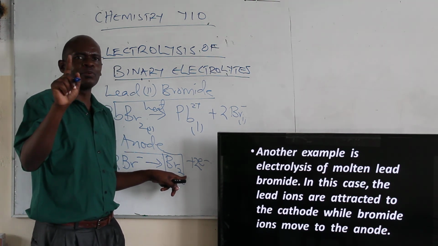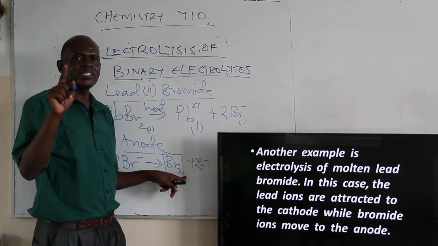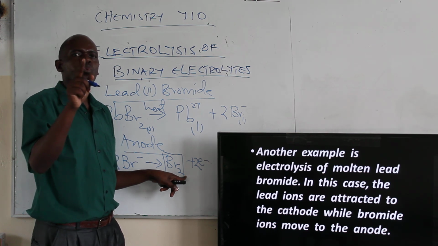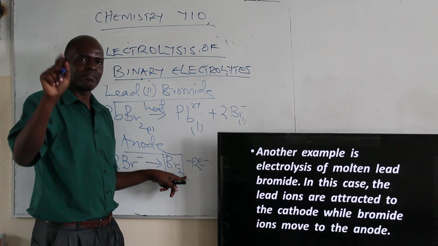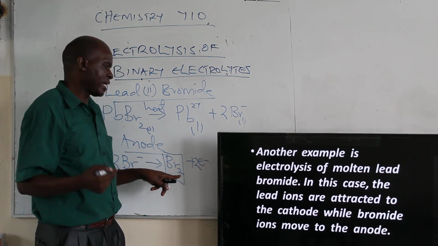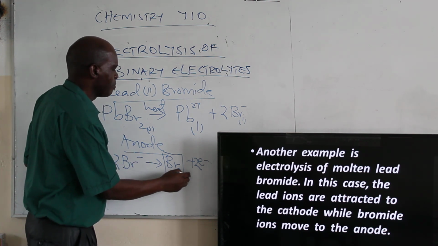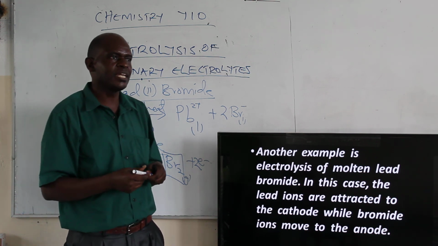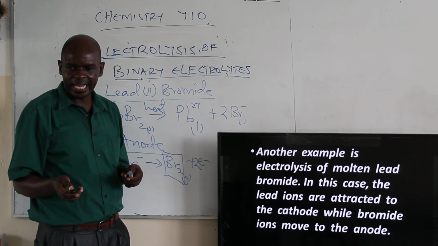Don't forget that liquid bromine is also available. But in this case, the bromine formed will be in vapor form because the temperatures are high. So because the process is being carried out at a higher temperature, what we shall have is bromine vapor, the state symbol being g. Bromine vapor will be formed at the anode.